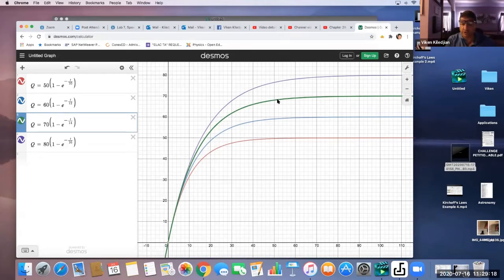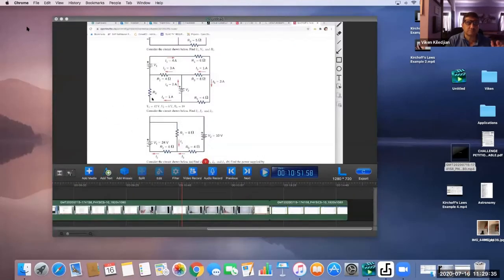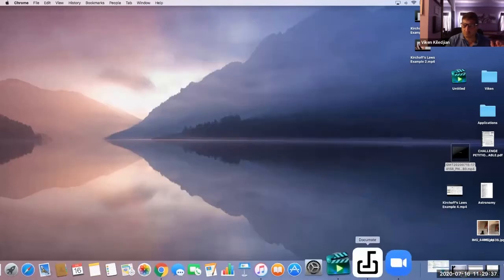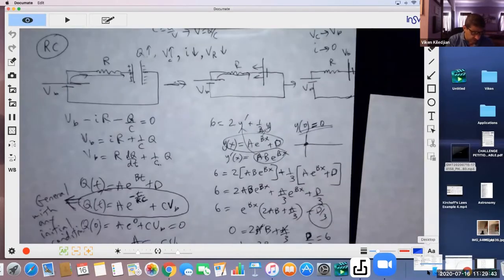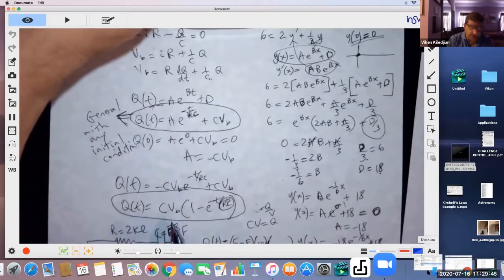Now, once you derive the equation for the charge in the circuit, what else can you do? Okay, so we've got the equation for the charge right here.